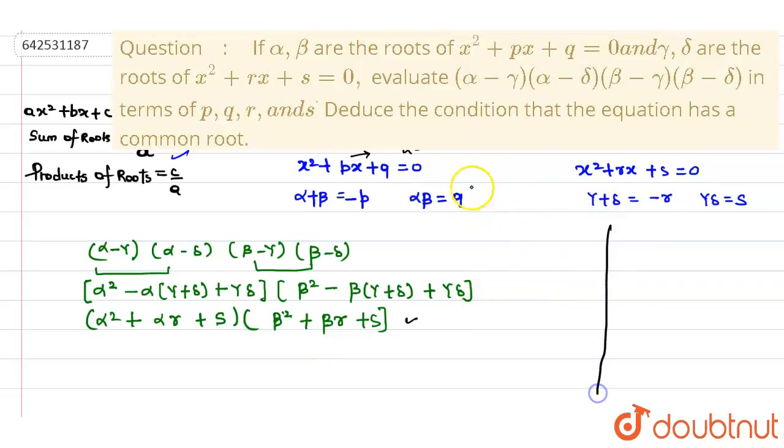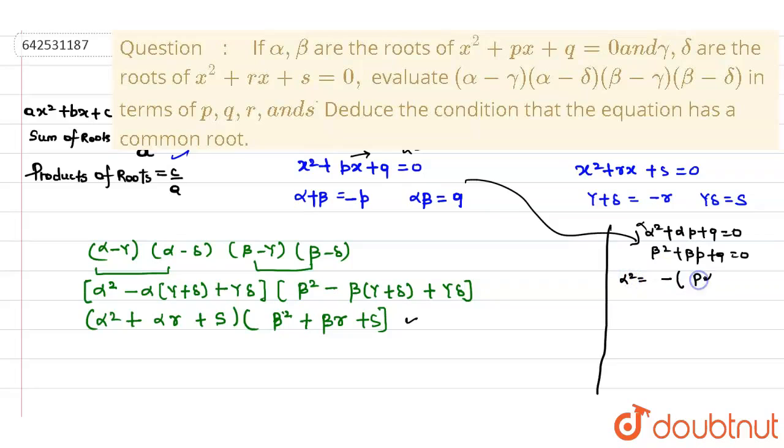So alpha square plus alpha p plus q is equal to 0, and beta square plus beta p plus q is equal to 0. Now both equations are equal to 0. Then I should find the value of alpha square. So alpha square is equal to minus p alpha minus q. Similarly, beta square is equal to minus p beta minus q.